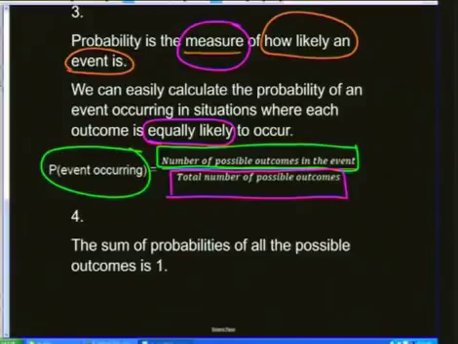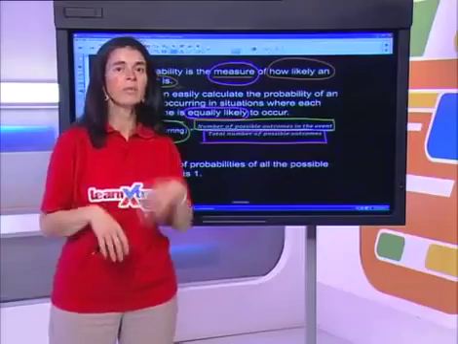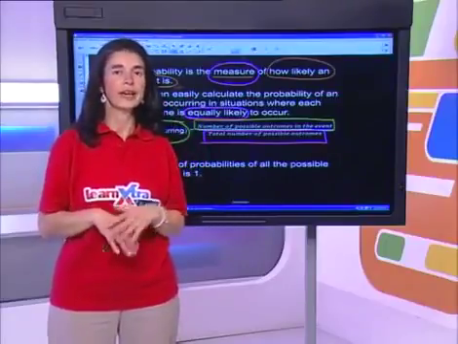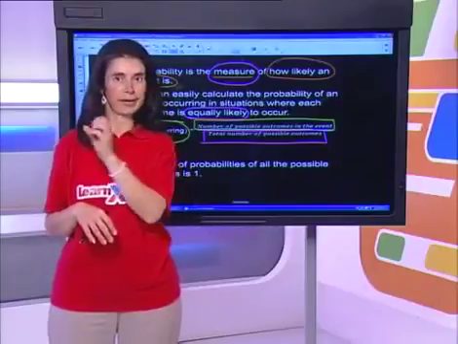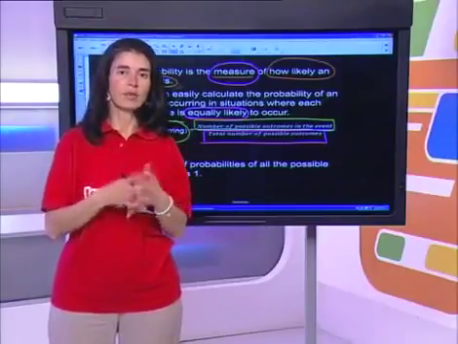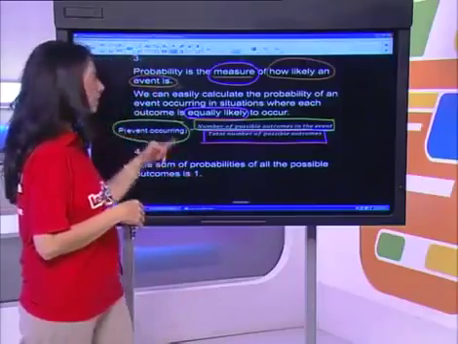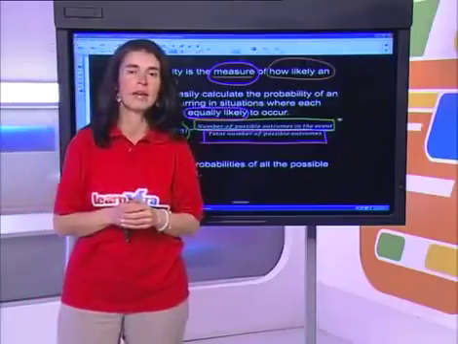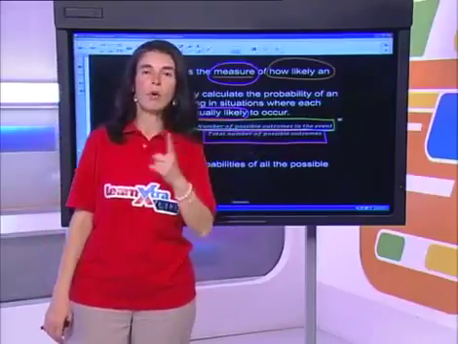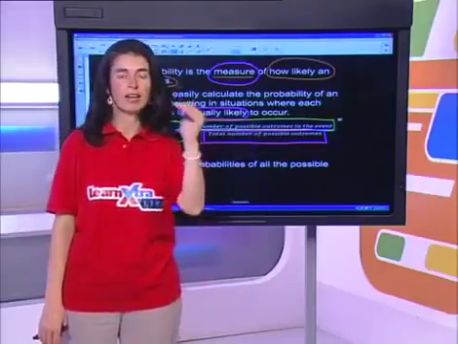So if I were to toss a coin 3 times, for example, I could get a head, a head, and a head. Or I could get a head, a tail, and a head. So I could get all those possible outcomes. You can then ask the question, what is the probability of us getting 3 heads? Then our number of possible outcomes in the event would only be 1, because it would only be one time that I would get a head, a head, a head.